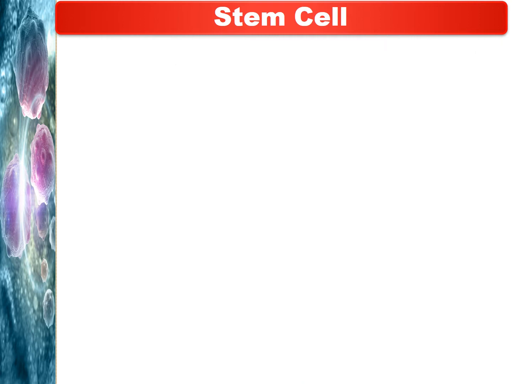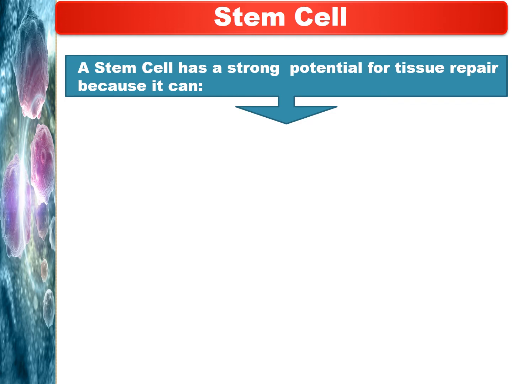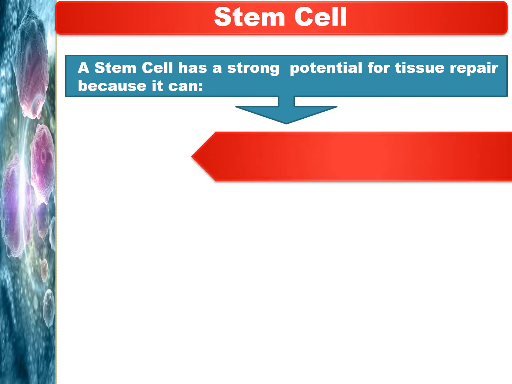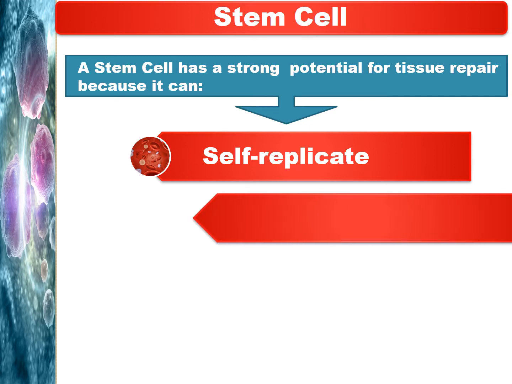We have heard much about the preservation of stem cells because they have strong potential for tissue repair. But the question arises, how can they do this? The answer is that stem cells have the potential for self-replication. They can self-replicate.